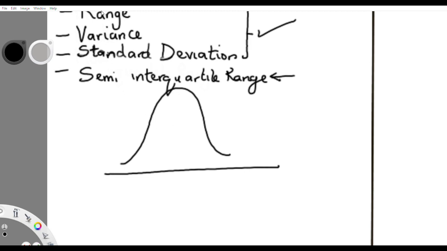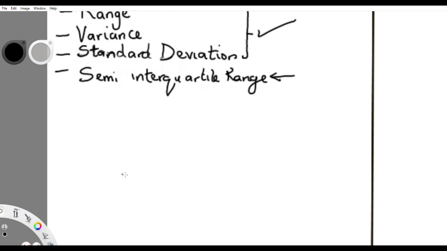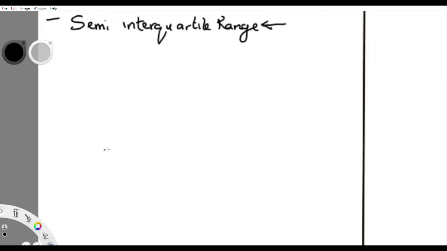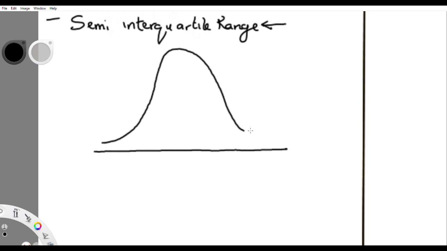Now, this time around, after getting the value that lies at the center, in statistics, we are also concerned about all other values in the distribution. Since this is the value that lies at the center, then how far are the other values away from the value that lies at the center of the distribution?